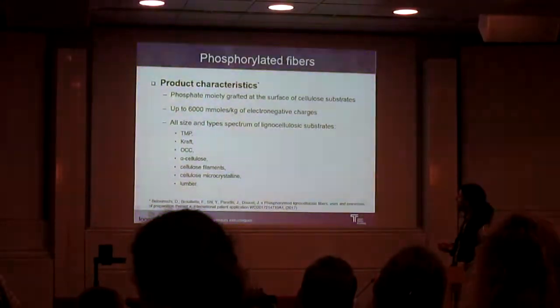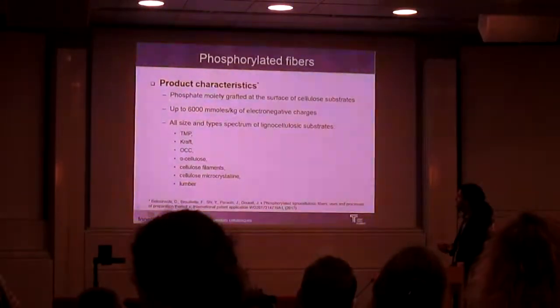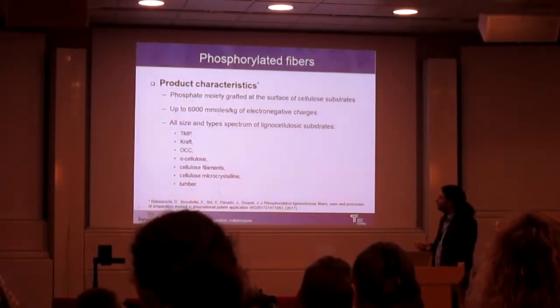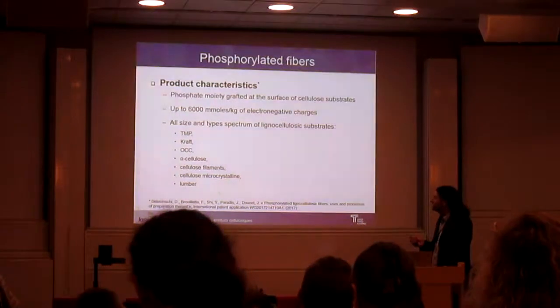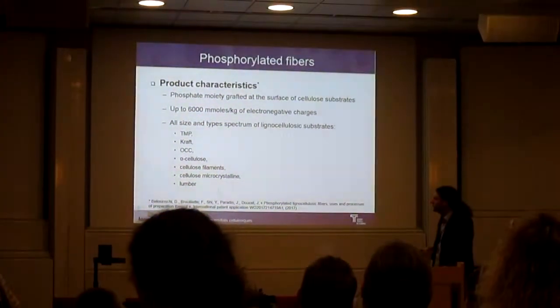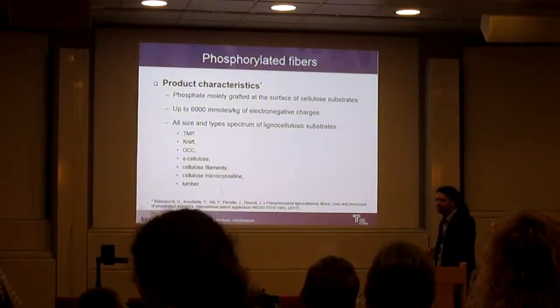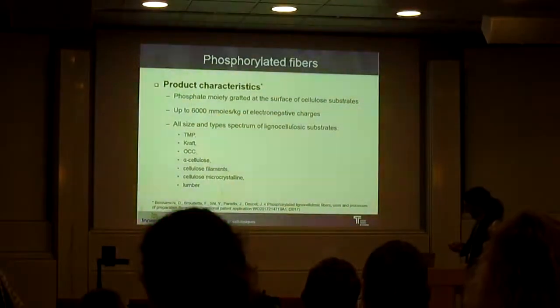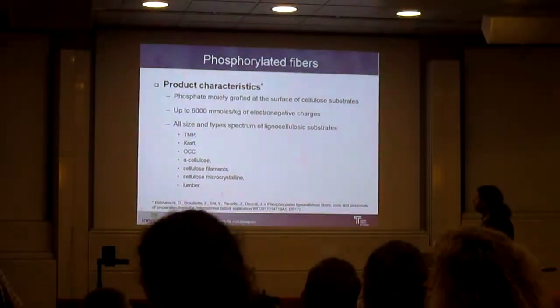We graft a lot of phosphate to the fiber surface. So if we measure this charge, we will reach up to 6,000 millimoles per kilogram of fibers of electronegative charge.